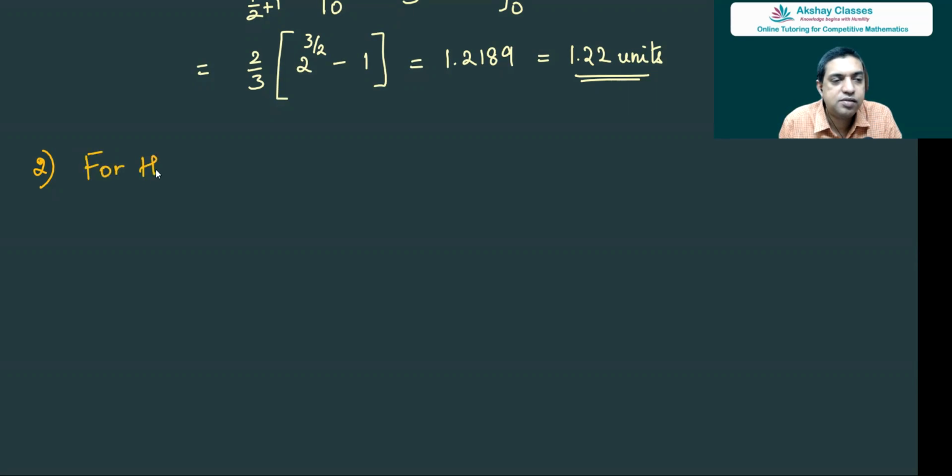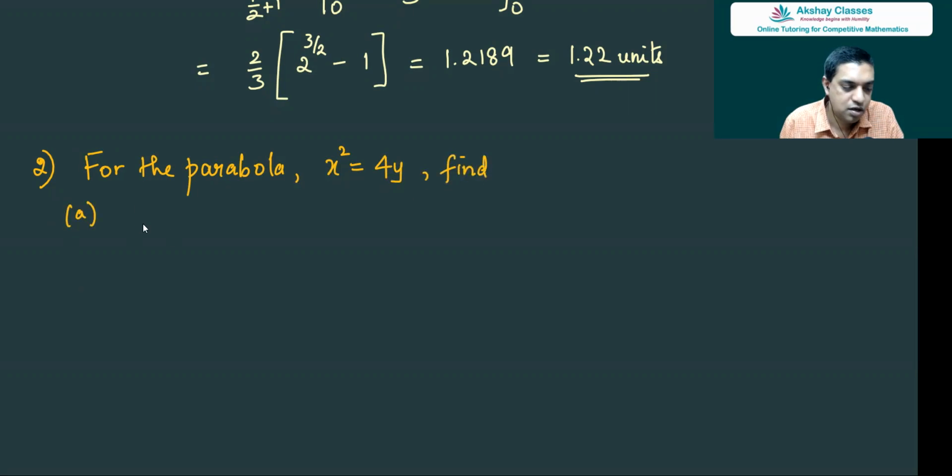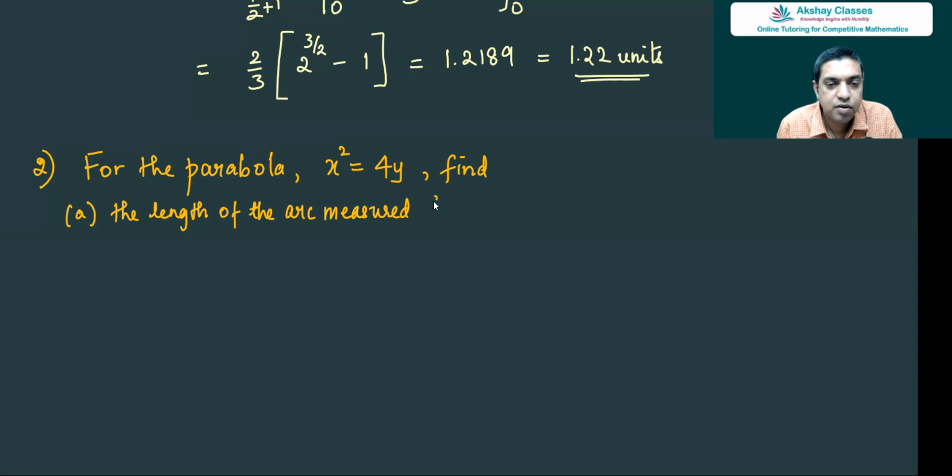Now, for the parabola x square equal to 4y, find first, the length of the arc measured from the vertex to one extremity of the latus rectum.